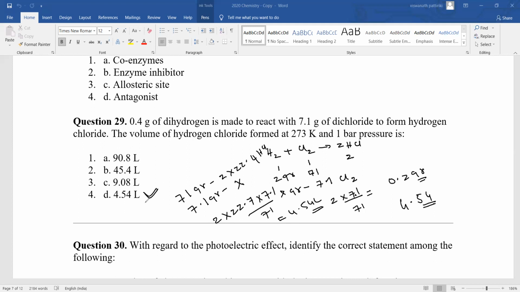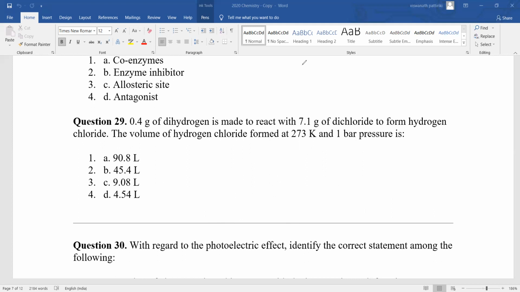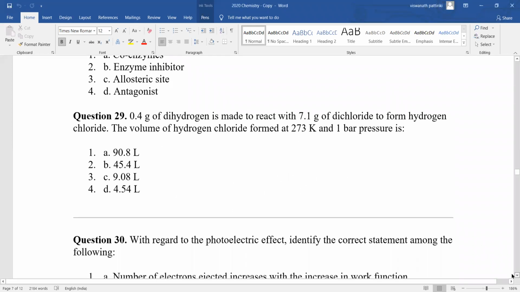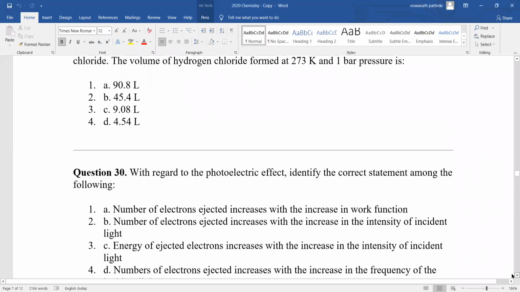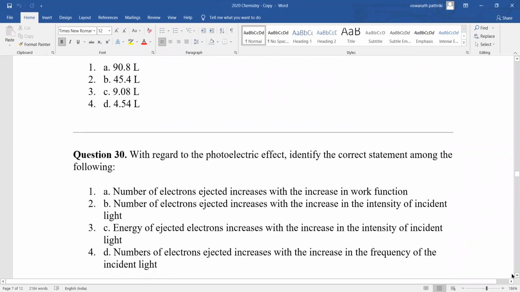So with regard to the photoelectric effect, identify the correct statement. The number of electrons ejected increases with increase in work function. So this question is directly from NCERT. This is copy paste.